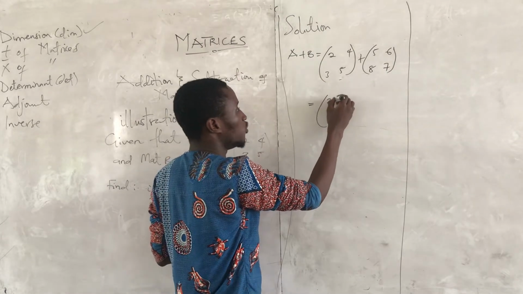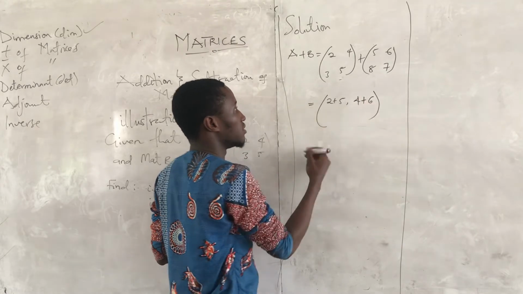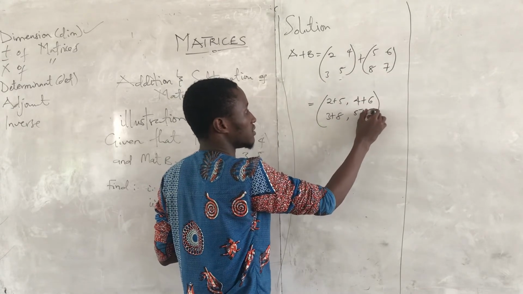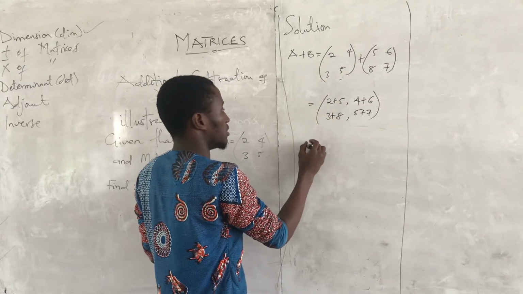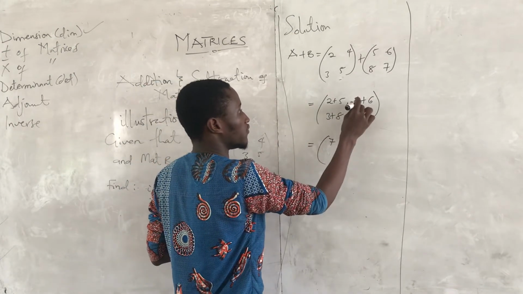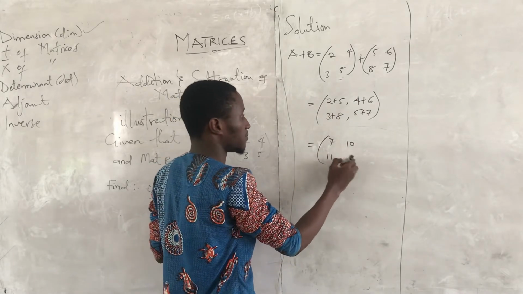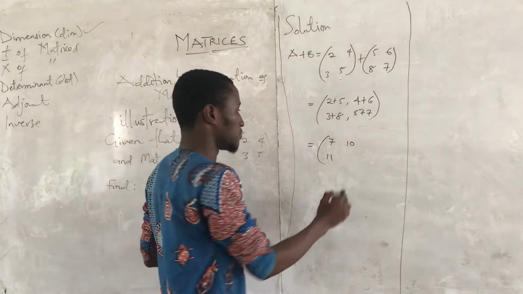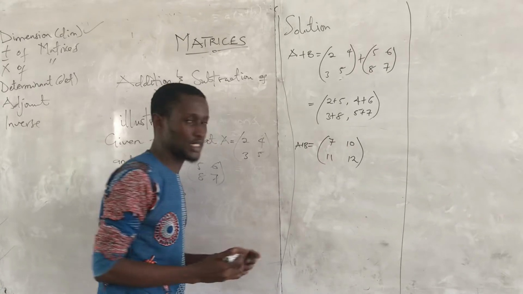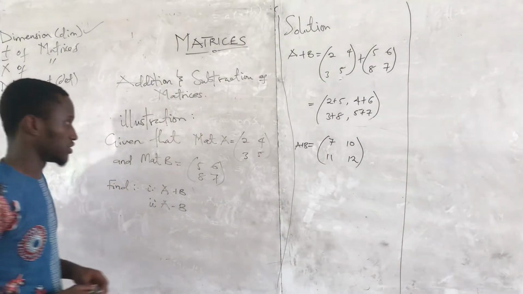So you have 2 plus 5, 4 plus 6, then you have 3 plus 8, and then 5 plus 7. Then we come down. 2 plus 5 gives me 7. 4 plus 6 gives me 10. 3 plus 8 gives me 11. And 5 plus 7 gives me 12. So this becomes my A plus B. So I've solved for A plus B of the matrix.